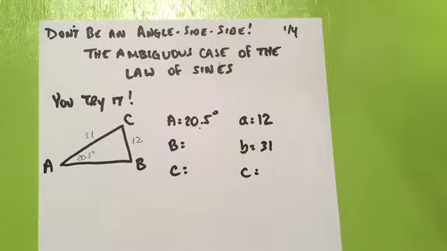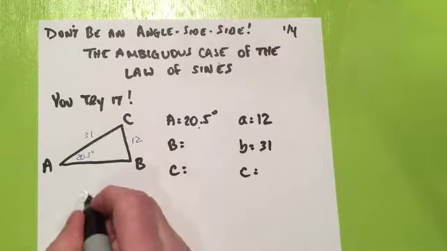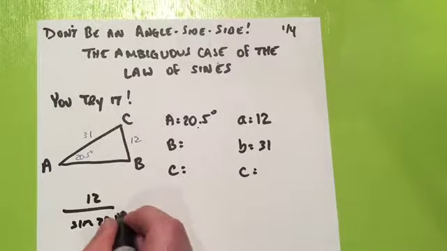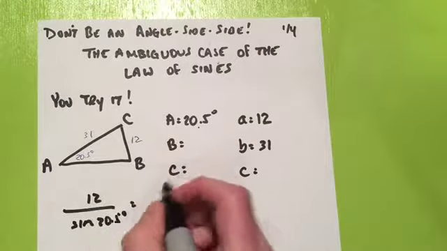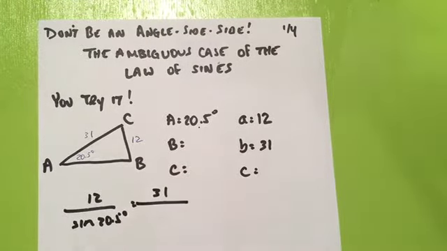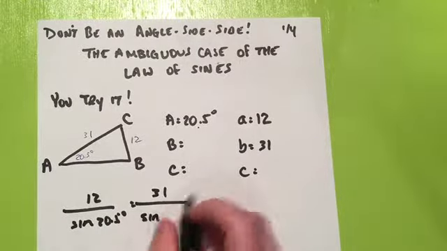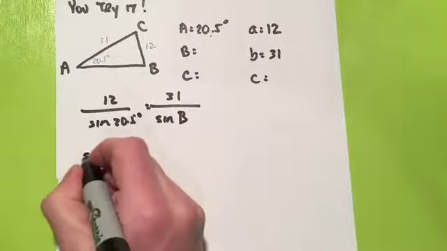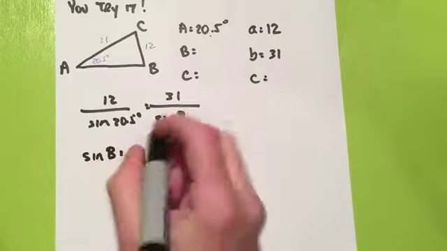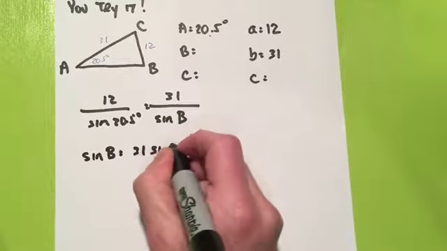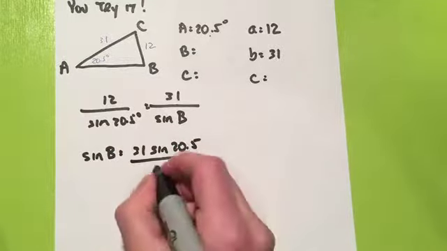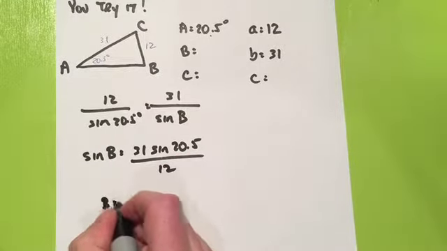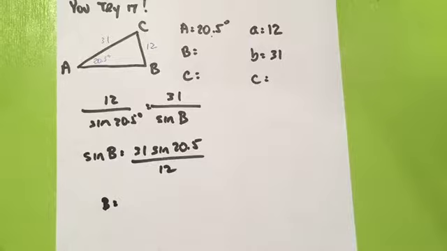If we plug this into our law of sines, we have 12 over sine of 20.5 degrees equals, well, now I know the opposite side, I need to find the angle. That's going to be sine of B. Straightforward cross multiplication: sine of B equals 31 sine 20.5 over 12. We know how to do that. Simple inverse.